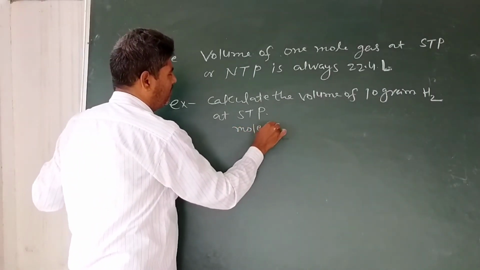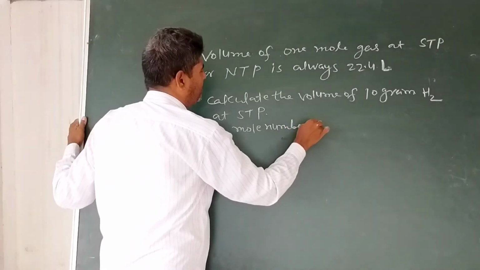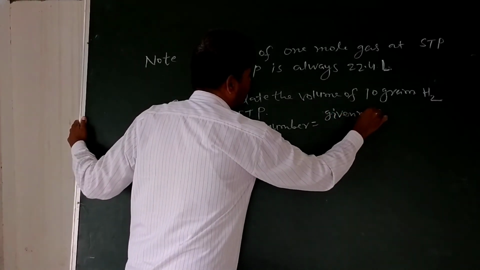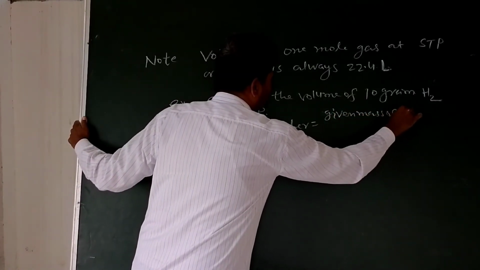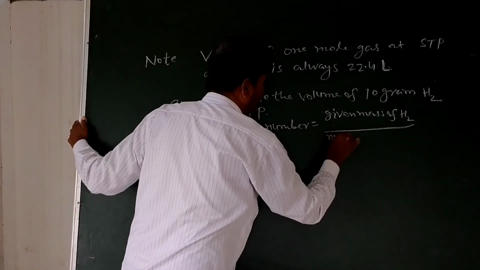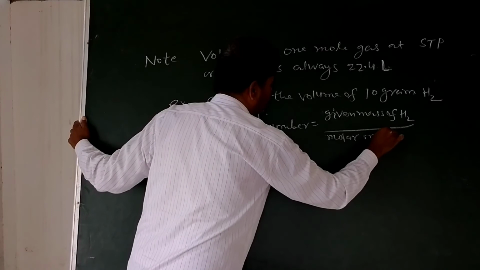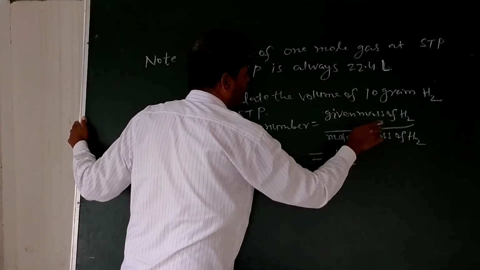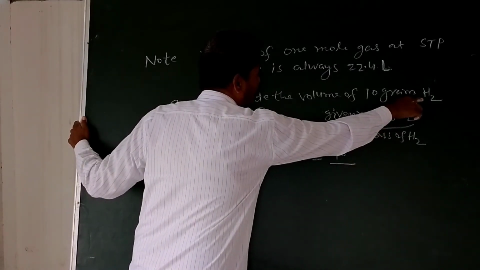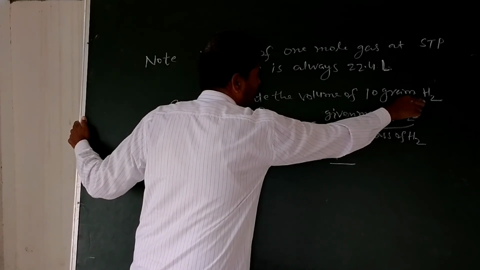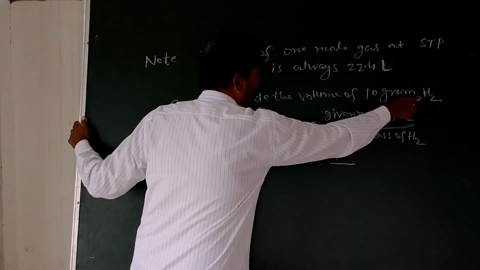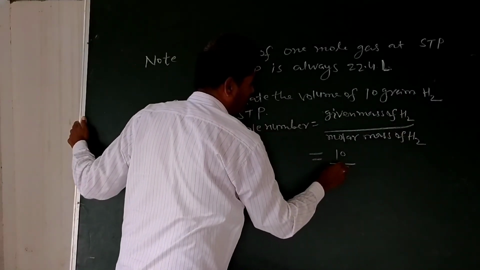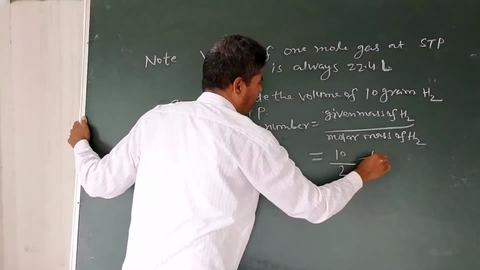Mole number is equal to given mass of hydrogen upon molar mass of hydrogen. The given mass of hydrogen is 10 and the molecular formula of hydrogen is H2, meaning 2 hydrogen atoms are present in one molecule. Atomic mass of hydrogen is 1, hence the mass of both is 1 plus 1, 2. The 10 will be divided by 2, so we will get 5.